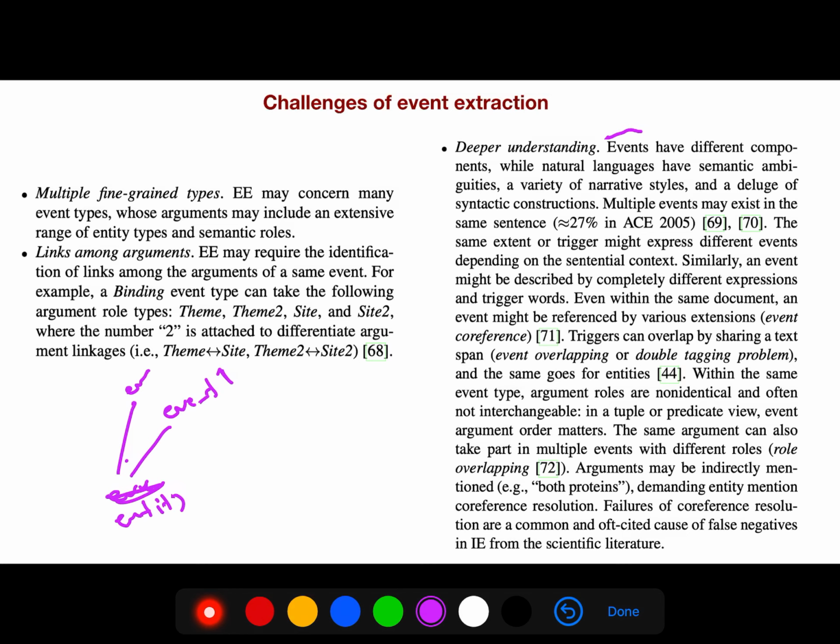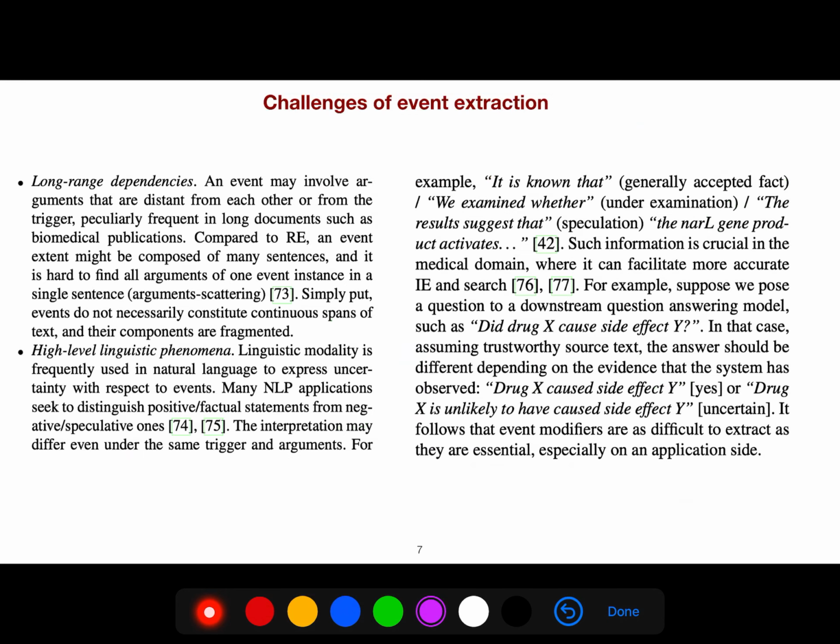Or in the context of nested events, for example, a trigger is connected to entity 1, but instead of entity 2 or mention 2, there is another event which by itself has two entities. And so these are different types. For example, I think 20% of BioNLP 2011 is nested events.